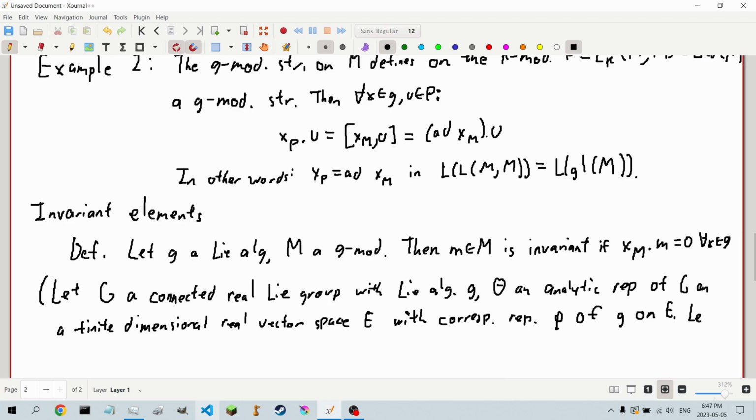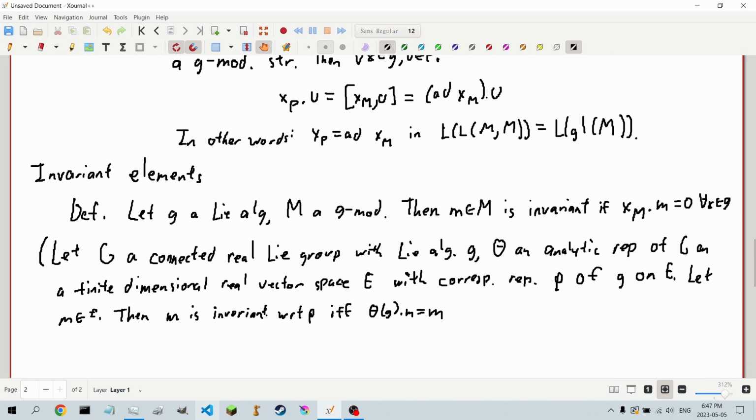I'm going to let m be in E. Then m is invariant with respect to rho if and only if theta g on m equals m, what I was saying.